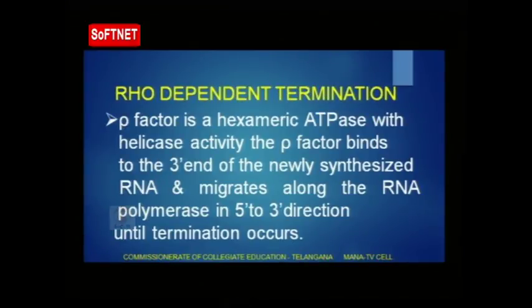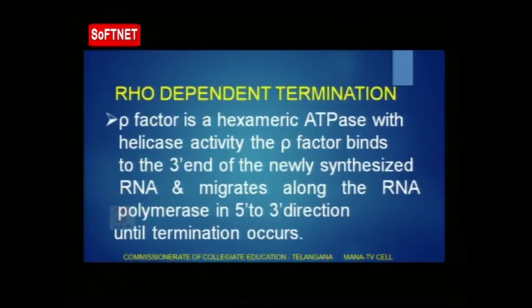So this Rho protein will bind onto the RNA molecule and will migrate along with the RNA polymerase to some extent, and will halt the process of transcription. So this is how the Rho proteins will assist in the termination process.